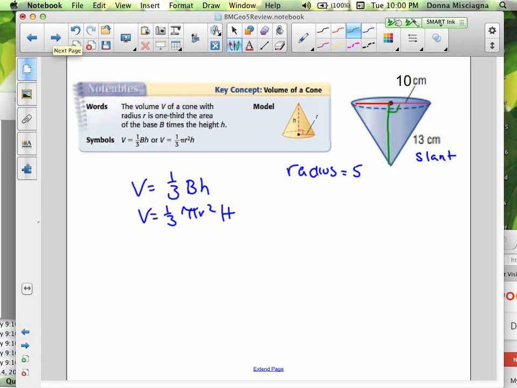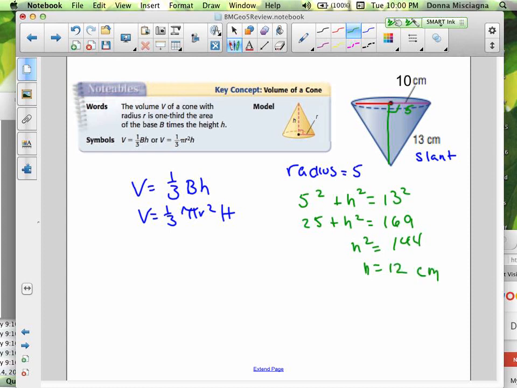This triangle's base is half of 10, or 5, and so our missing height would be found by doing 5 squared plus h squared equals 13 squared. So that's 25 plus h squared equals 169. Subtract 25 from both sides, and h squared is 144, and the square root of that is 12. So that's our height. We have to make sure we use that value.